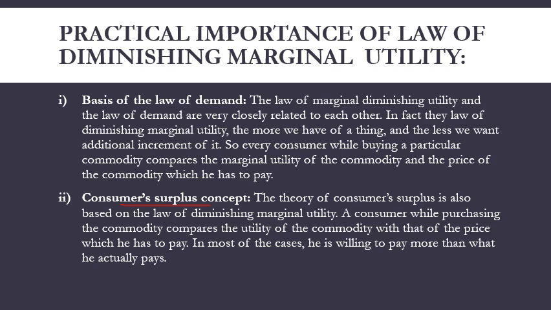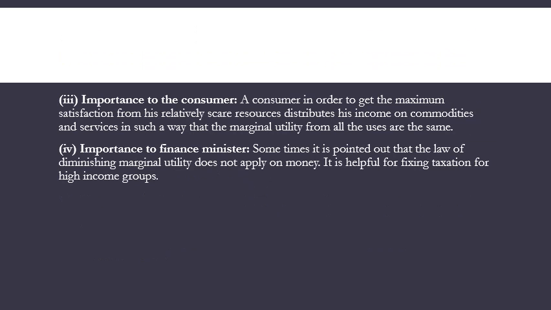A customer will be looking into both of it. If this commodity will give him higher satisfaction than the price, then he will buy it. That's the case of consumer surplus. We'll be having a separate detailed discussion on the theory of consumer surplus. So the law of DMU is the base for consumer surplus.